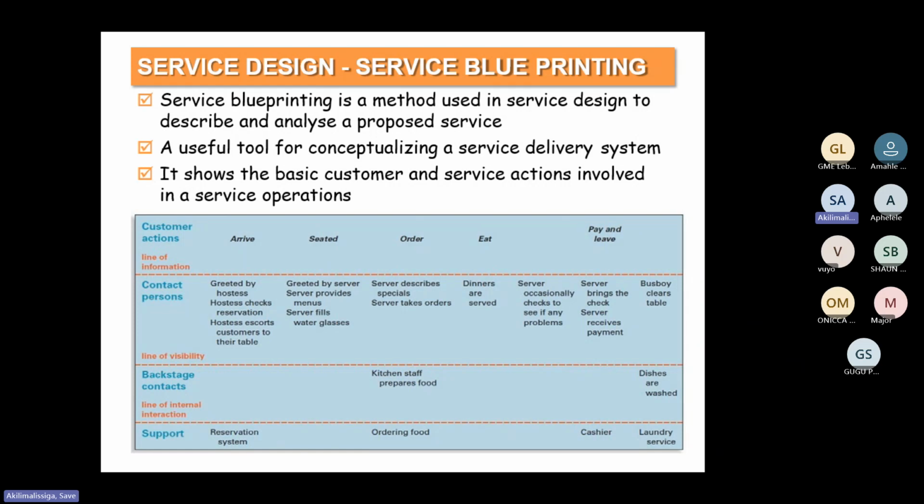However, there are three main levels that you should always make reference to when you are talking about service blueprinting: level 1, level 2, and level 3. Level 1 is a level where customers are the ones in control.